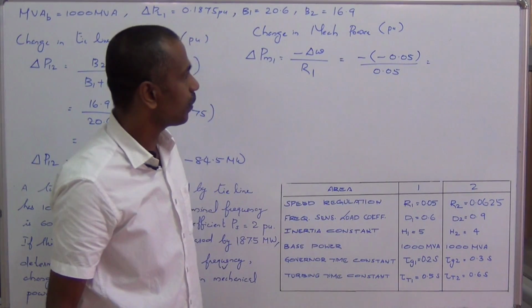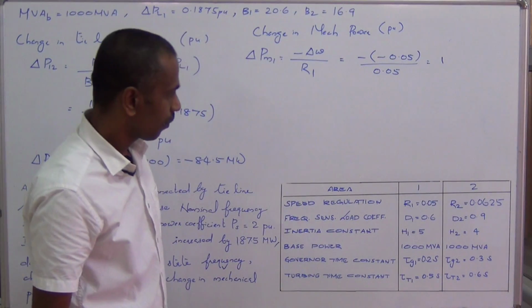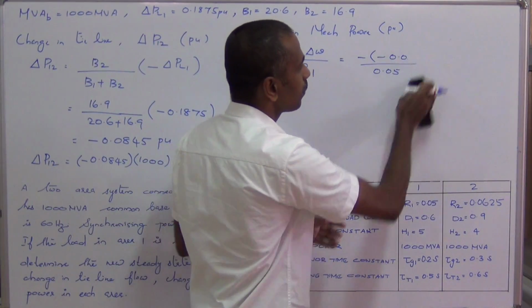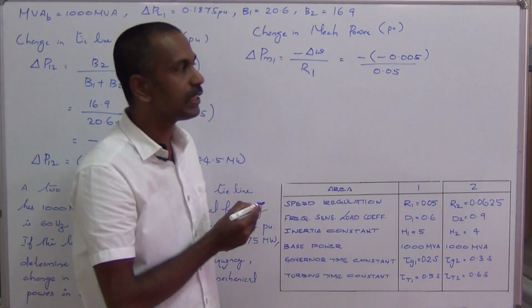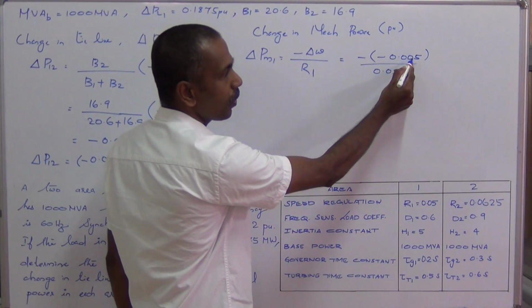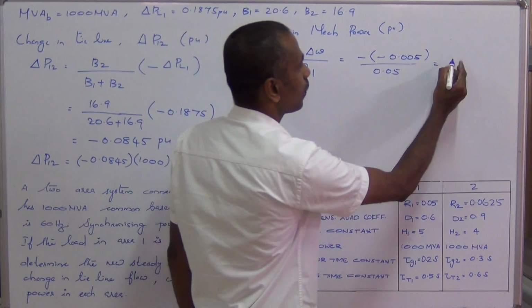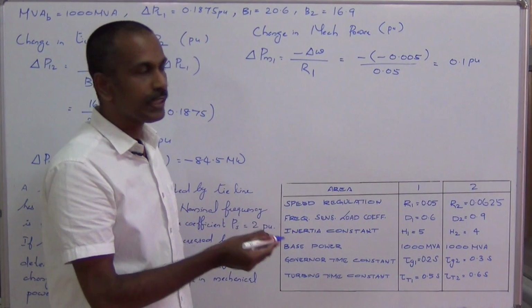So this is equal to 0.1 per unit. What is the actual change?